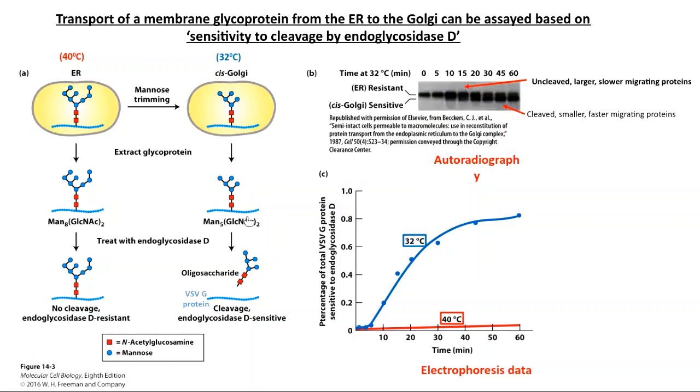Only when the proteins are processed at the cis Golgi can this endoglycosidase D be effective in removing these oligosaccharide side chains from the VSVG protein in this case, because this is a secretory protein. But if this protein is not processed in the cis Golgi, endoglycosidase D won't be able to cleave it.